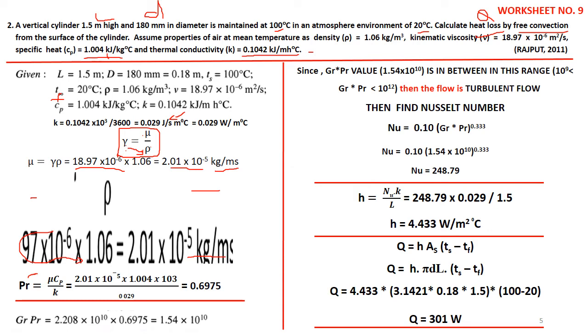Okay, so till here I think it's clear, right? From the given data only I am writing. I got beta and Gr, and also K I got after converting kilojoules to joules and hour to seconds. Okay, now we have found Gr as 2.2 into 10 power 10. Now we have to find the Prandtl number. What is the Prandtl number formula? Mu Cp by K. Here mu is there, already we found mu, correct?